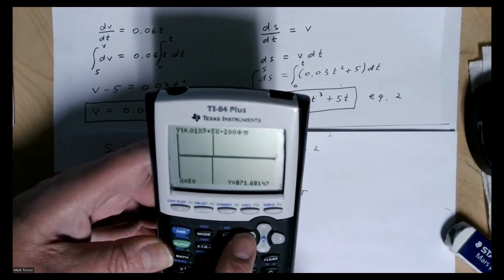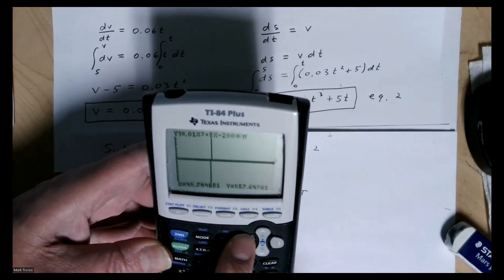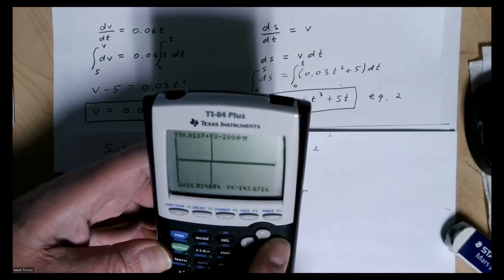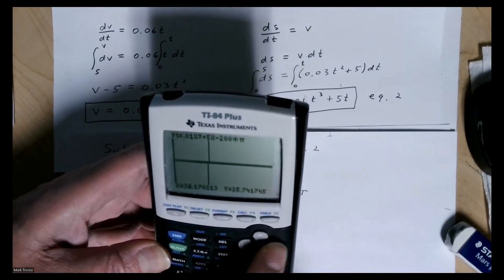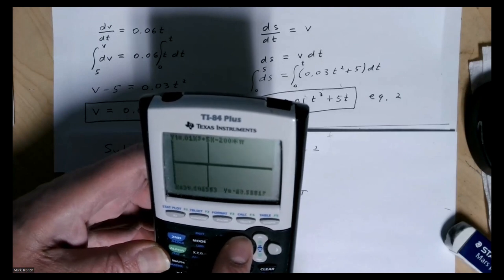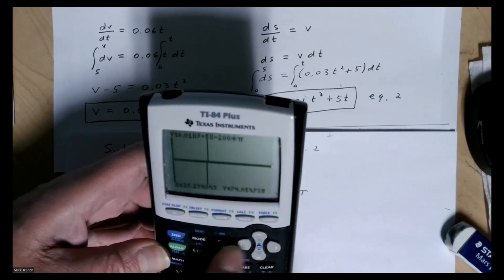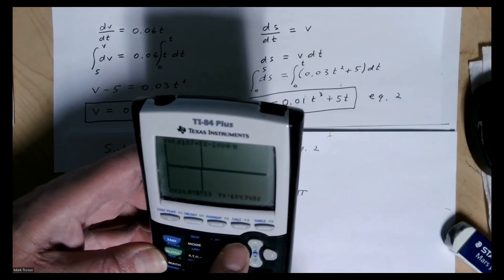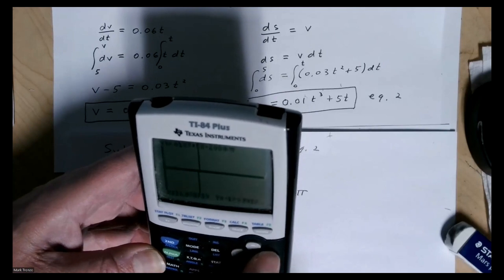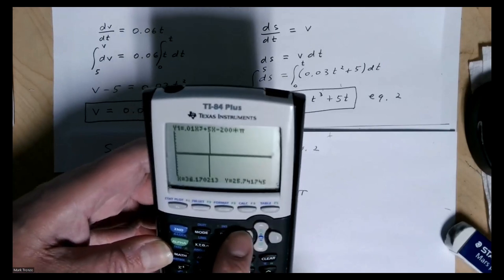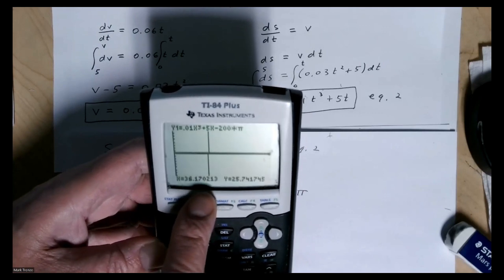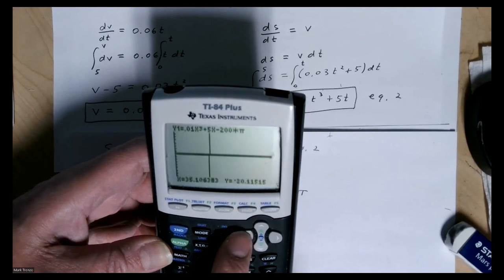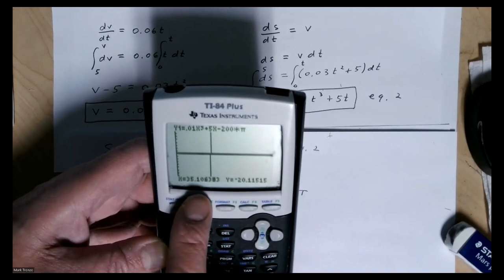Well, it looks like Y is positive for 25, and it goes negative when you go down to 35.